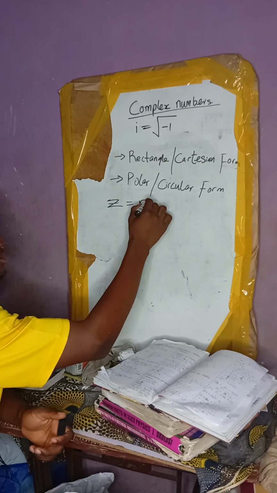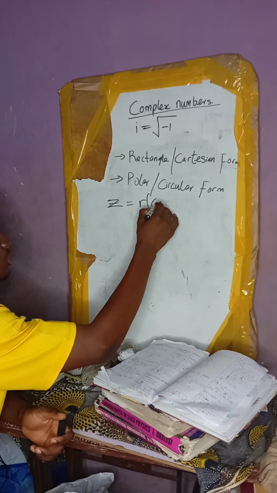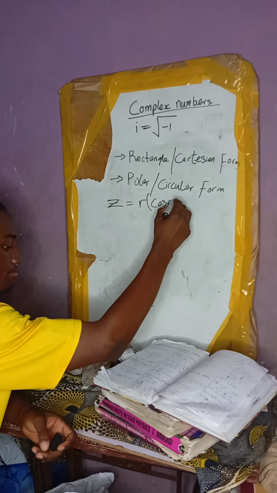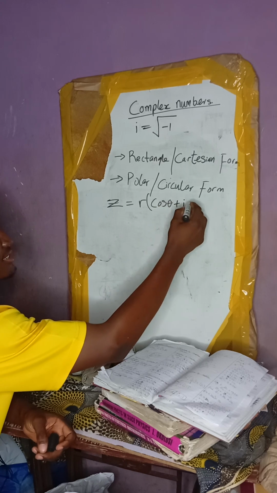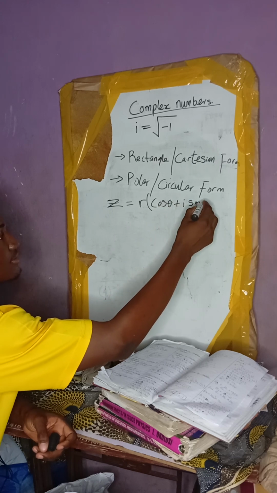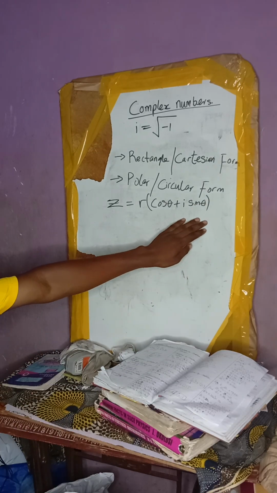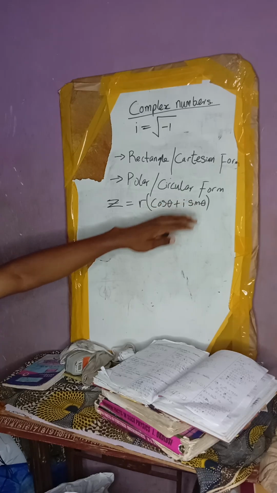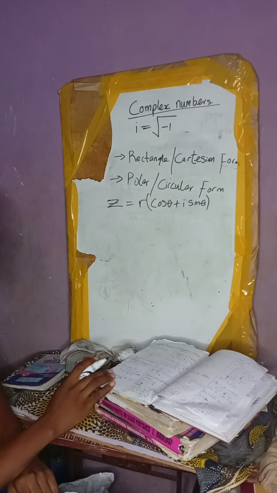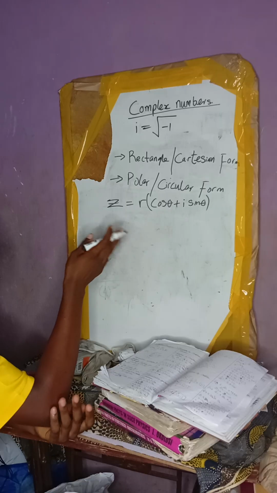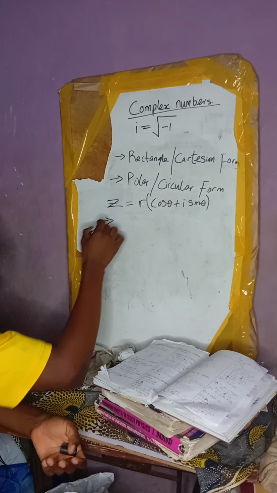We have r into bracket cos theta plus i sine theta. So this is how you represent a complex number in polar form. Don't worry, I'll teach you this one when next we have time, or I might send you a YouTube video that will explain from here.